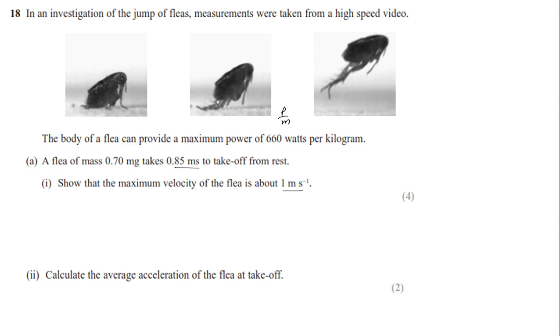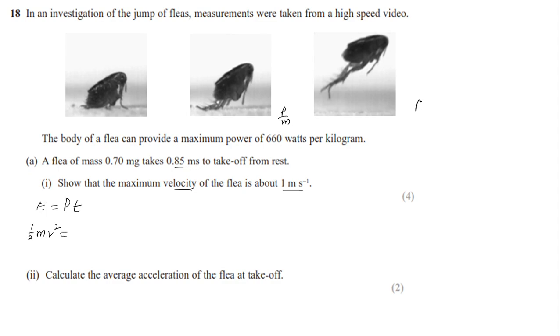The idea is, because power is given per unit mass, I am going to use the energy formula. Time is also given, so E is equal to power into time, and this energy can be replaced, because we need to find the velocity, by half m v squared is equal to P t.